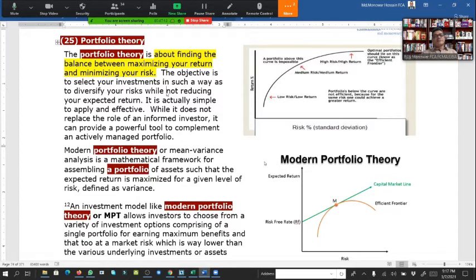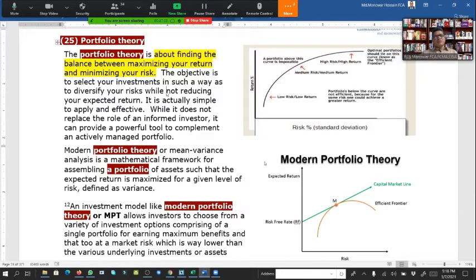The objective is to select your investments in such a way as to diversify your risks while not reducing your expected return. It is actually simple to apply and effective, while it does not replace the role of an informed investor.